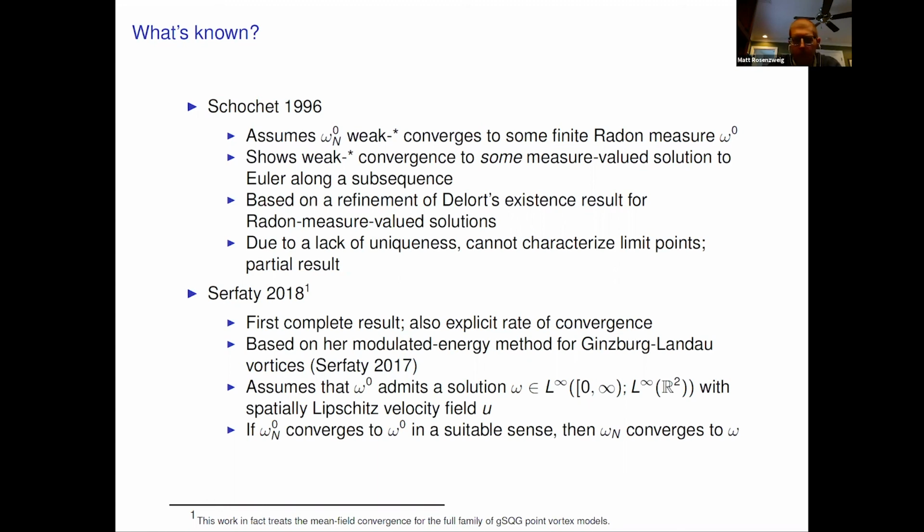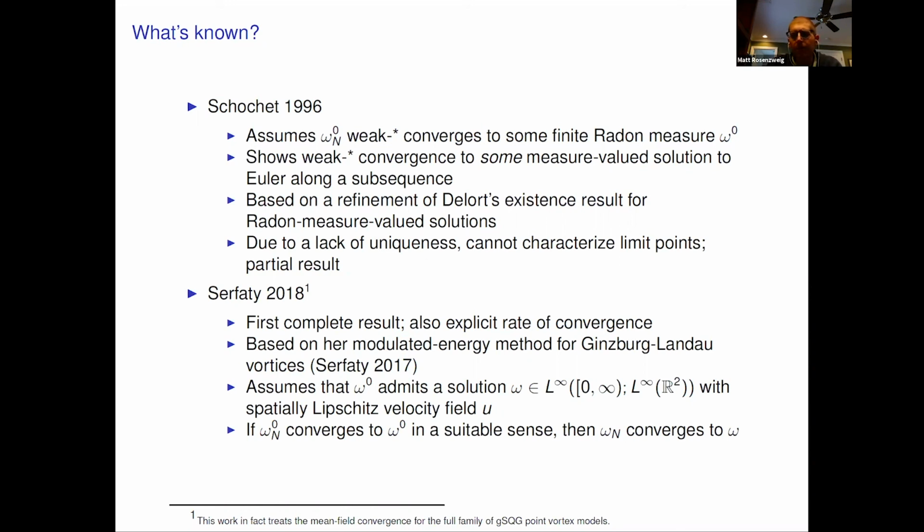The proof is based on a refinement of Delort's existence result for H^-1 measure-valued solutions. But due to a lack of uniqueness, you can't characterize the limit points. And so in this sense, we'd refer to it as a partial result. You can't really say anything about the solution that you're converging to along this subsequence.